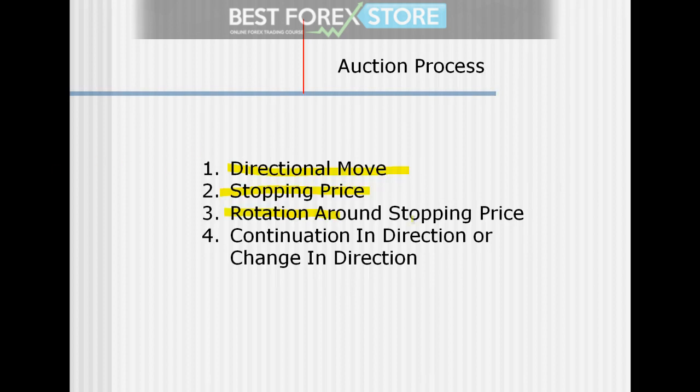Now, two outcomes could happen after the rotation. We could get continuation in the direction of the original move, or we could in fact experience a change in direction. When we have a trend, the probability always favors continuation in the direction of the trend. The probability favors it, but there's never any kind of guarantee in the market. Certainly there is a greater probability that we're going to continue to move in the direction.